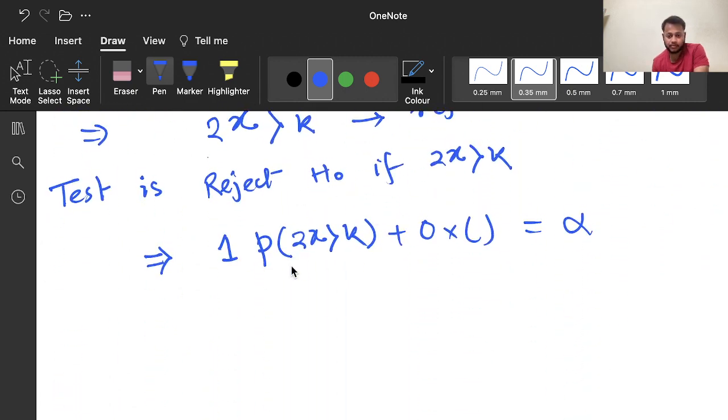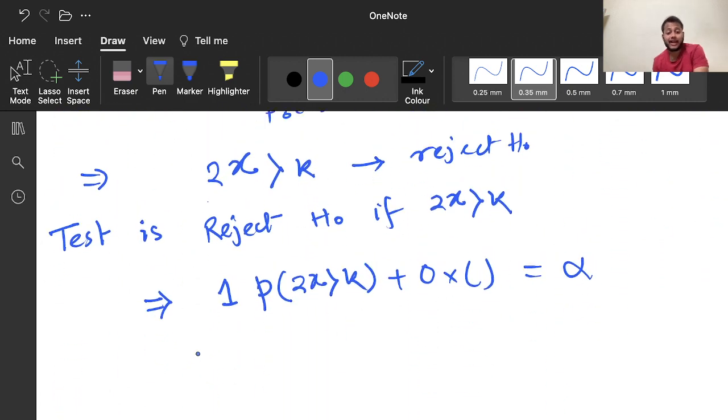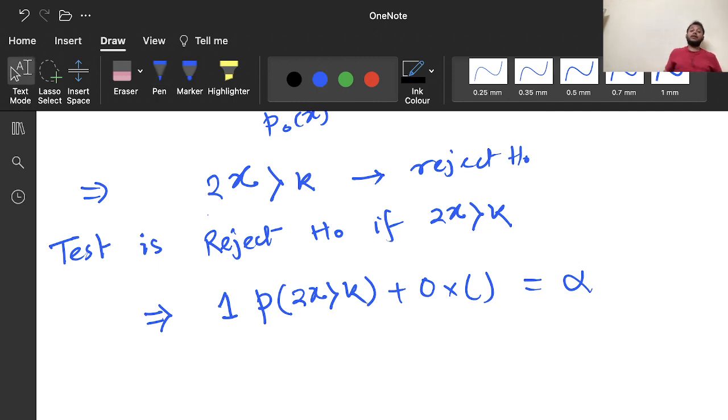Or you can say that this is the first kind of error. Under the hypothesis H0 is true, what is the probability that we will reject the null hypothesis? That is alpha.